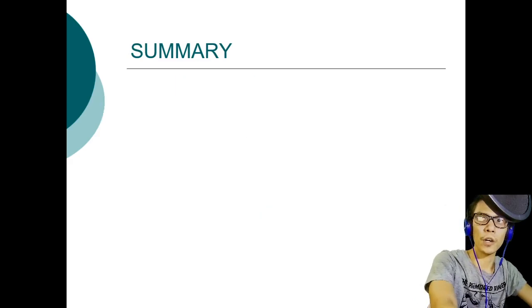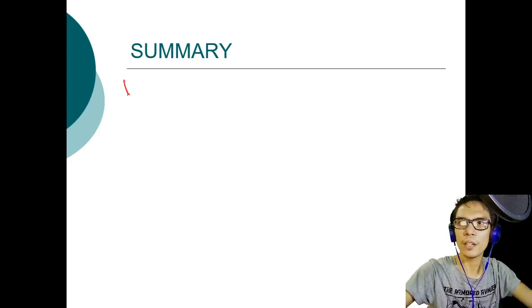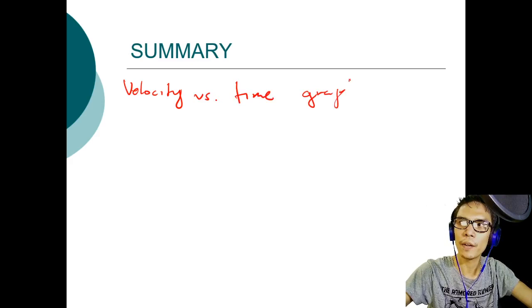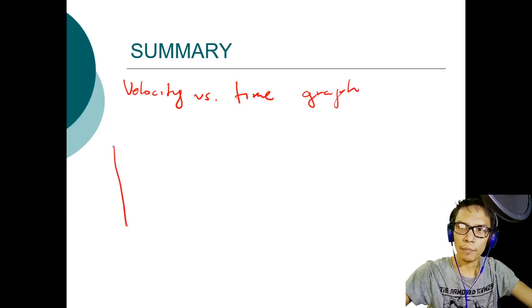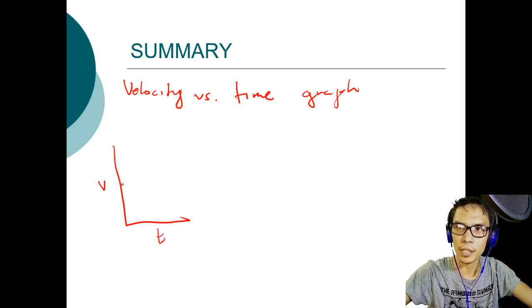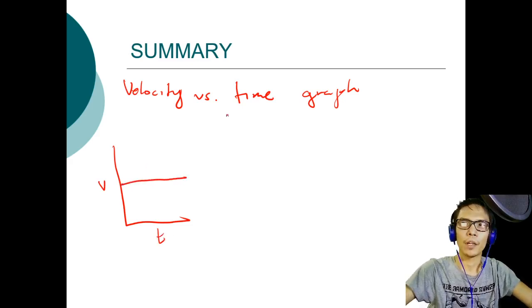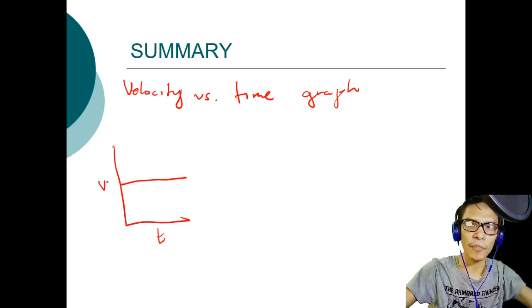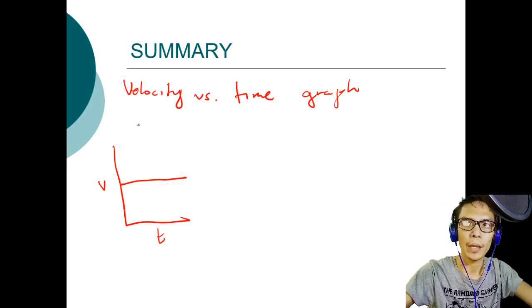Let's go now to velocity. We now have the velocity versus time graph, so I will just draw it right here. If the graph of velocity versus time is somehow like this, as we all know, the slope of a velocity versus time graph is acceleration.